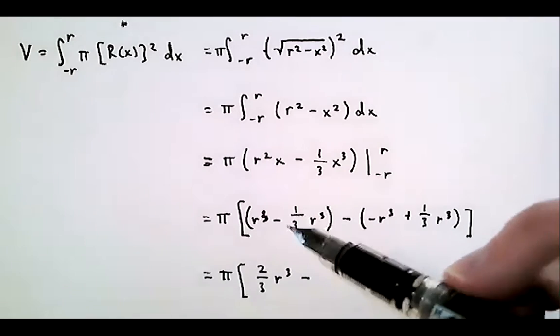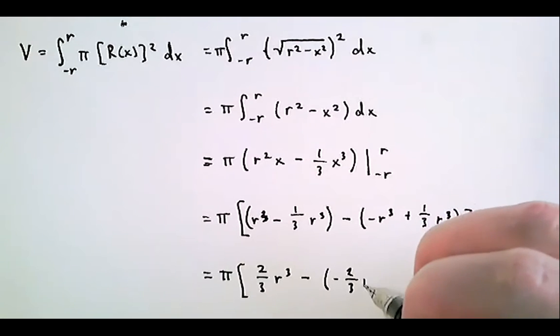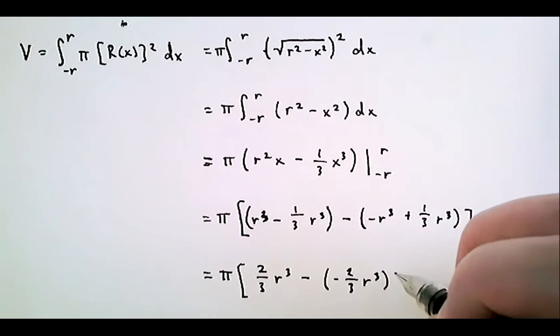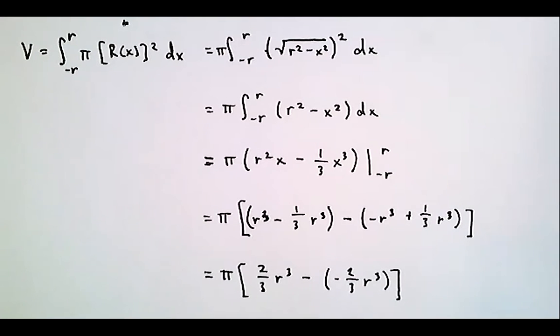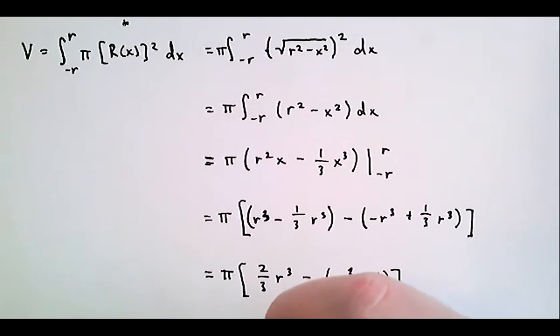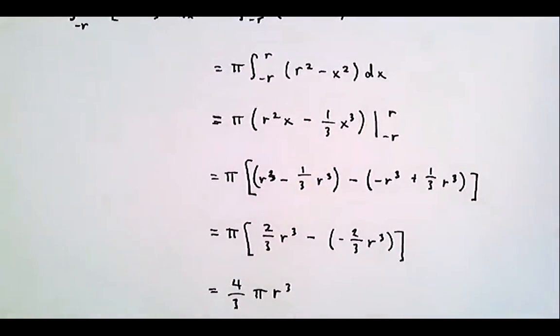So that's minus negative 2/3 r cubed. Two minus signs means we're actually adding. So we get 4/3, adding the tops of our fractions, 4/3 r cubed, and the pi is still out here. So we have 4/3 pi r cubed.